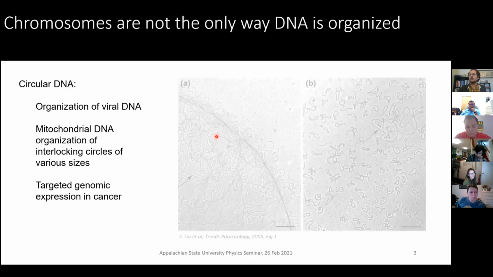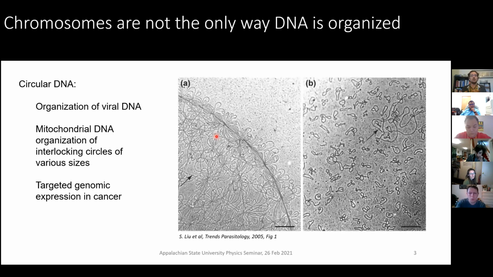Additionally, mitochondrial DNA is organized as interlocking circles of various sizes. You might have large maxi circles that will have a lot of smaller mini circles that are attached to it. One type of study was being done on a parasite that has a mitochondrial piece of DNA that is notoriously associated with African sleeping sickness.